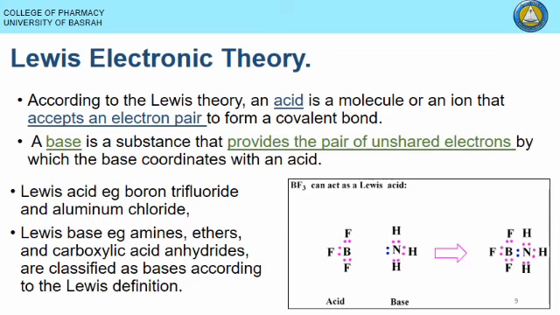So Lewis changed the definition of acid into this one. According to Lewis, an acid is any molecule or ion that has the ability to accept an electron pair because it has an unshared orbital, while the base is any substance that has the ability to provide an unshared electron pair by which the base coordinates with an acid. And this is the example for the Lewis electronic theory.